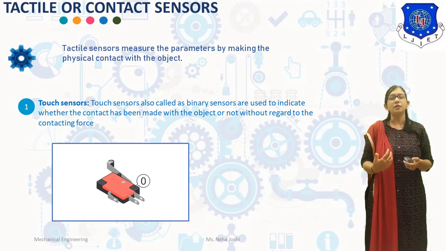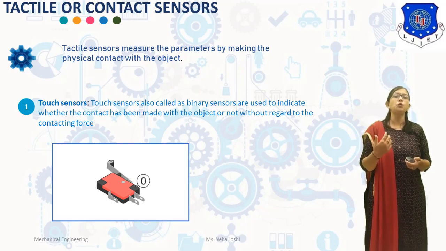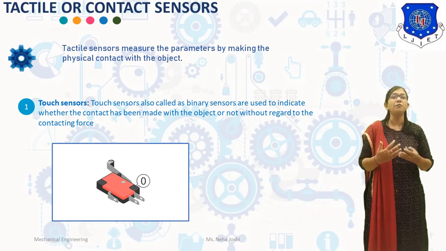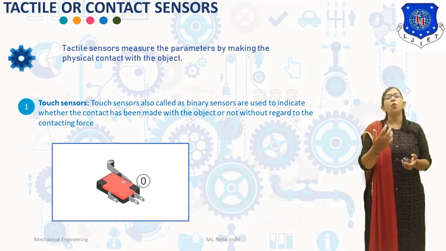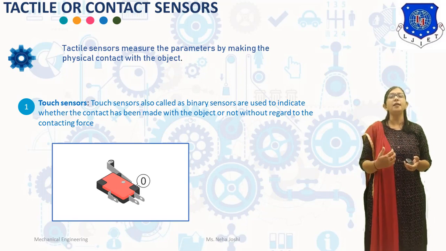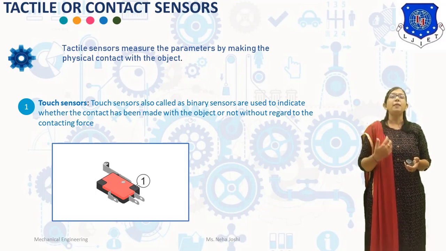Now, what is a touch sensor? Touch sensors, also called binary sensors, are used to indicate whether contact has been made with the object or not, without regard to the contacting force. This sensor indicates and responds to the presence or absence of an object. They provide a binary output signal.